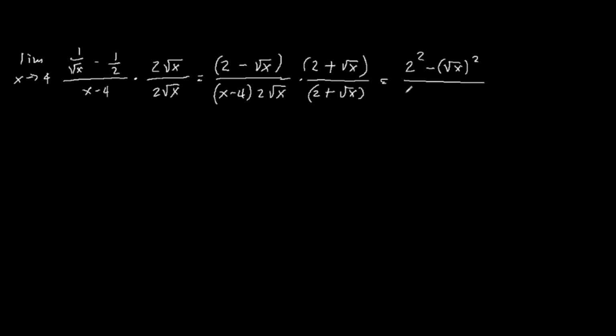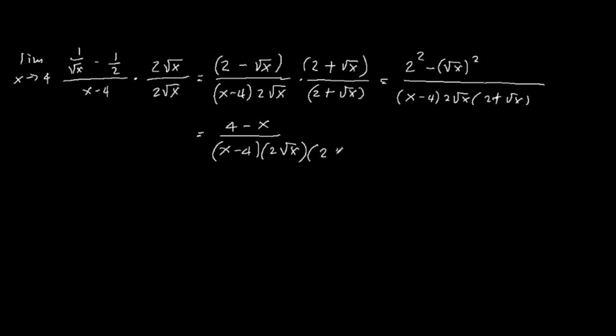Divided by (x minus 4)(2 square root of x)(2 plus square root of x). And then we simplify, which is 4 minus x all over (x minus 4)(2 square root of x)(2 plus square root of x).